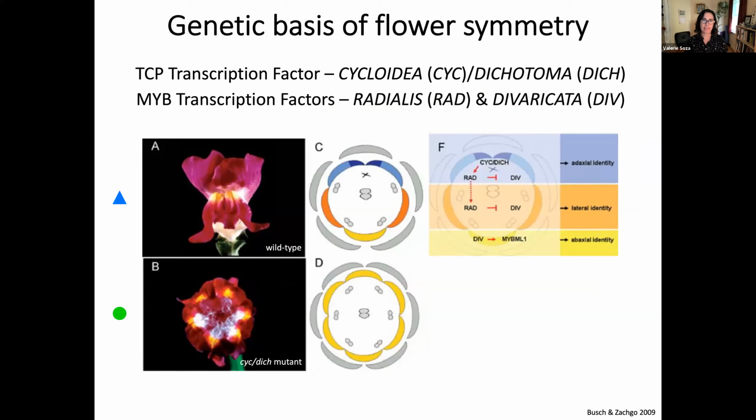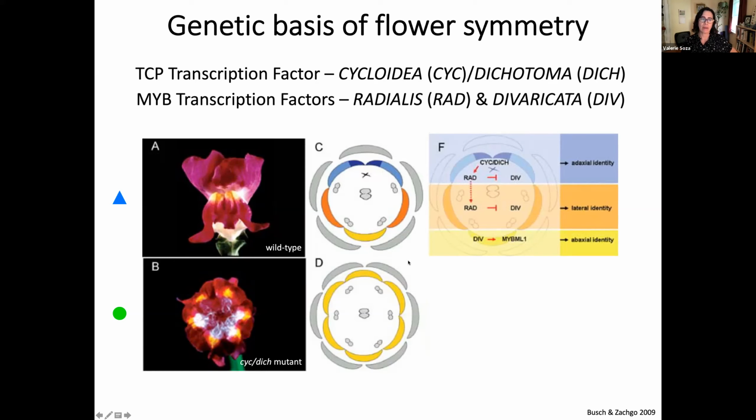And by doing this, previous research has indicated that there's 3 main genes involved in controlling flower symmetry in snapdragon. Normally in a wild type snapdragon flower, it's bilaterally symmetric. It has these 2 dorsal petals, 2 lateral petals, and a ventral petal. And these petals are all a little different in shape. And when you look at this in a cross section, you see the 2 dorsal petals up here, the 2 lateral petals, and then the ventral petal.